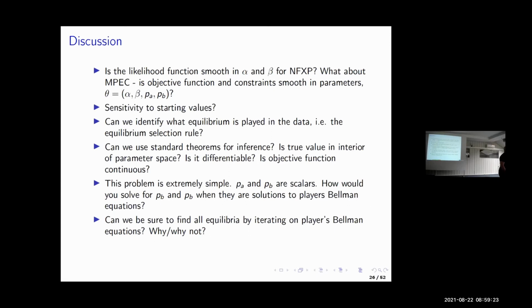Yes? I was wondering, related to the last question, how can you ever be sure that you found all the equilibria? Excellent question. How can I be sure that I found all the Markov perfect equilibria if it's a dynamic game, for example? Well, you can't. That's a whole problem. Unless you have a surefire algorithm that traces out all Markov perfect equilibria of this particular dynamic game.